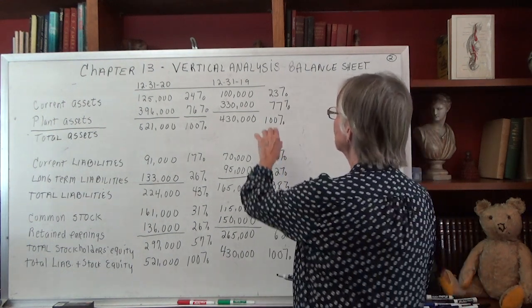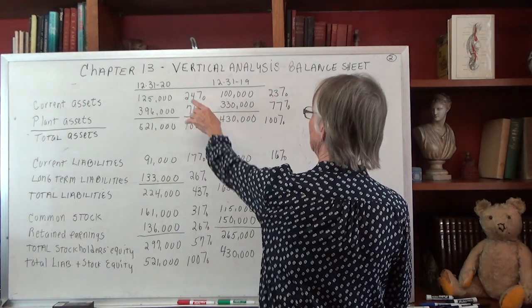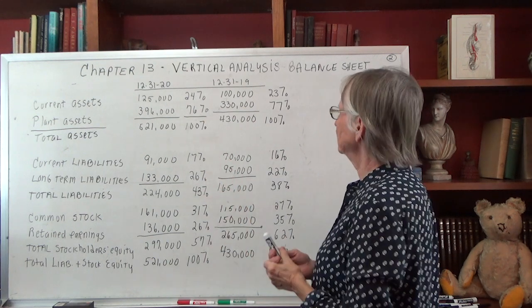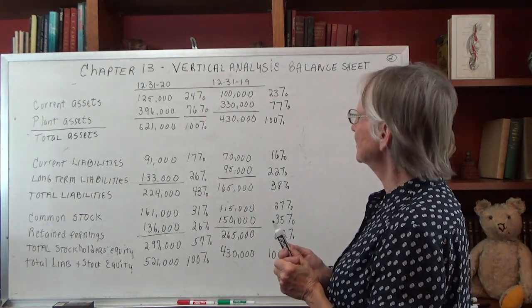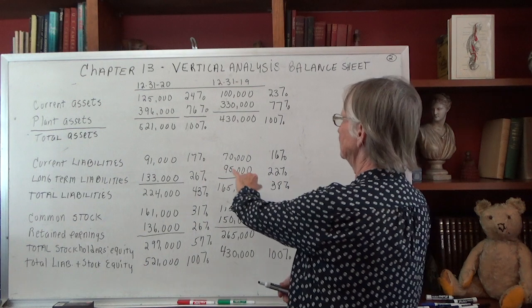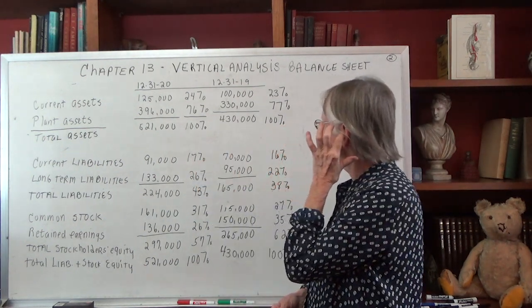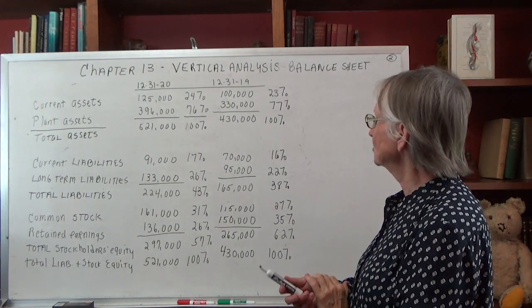So our current assets went up a little bit. Our plant assets, they decreased a little bit, nothing major going on there. Our current liabilities went up a little bit, but not too big a change there.